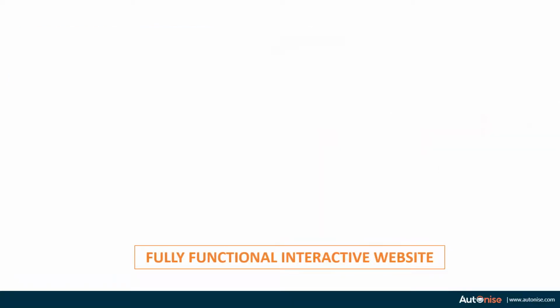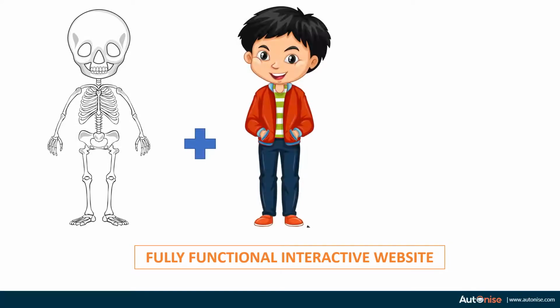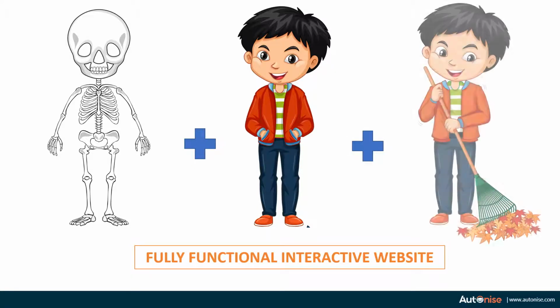So, to create a fully functional interactive website, you need the skeleton or the structure, which is the HTML. You need the CSS to add design and responsiveness. And you need to add JavaScript to add the logic to your website.